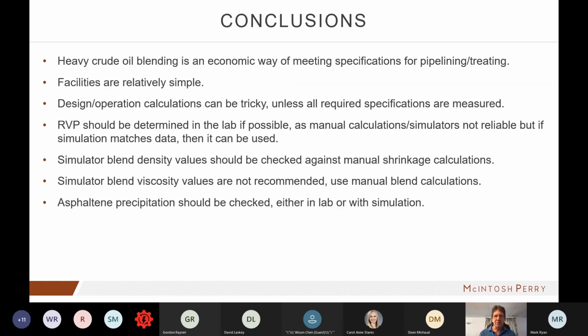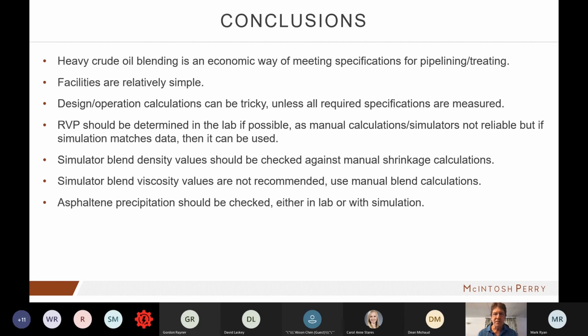So what can we conclude from all of this? Relatively simple facilities. So heavy crude oil blending is an economic way of meeting specifications for either pipelining or your own treating, or just because you have to, or because it's a really economic thing to do.